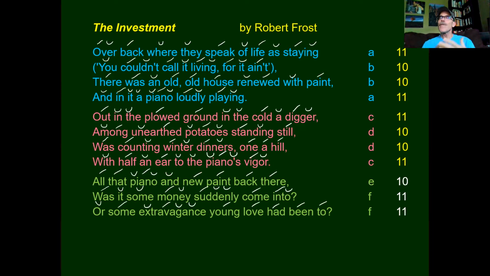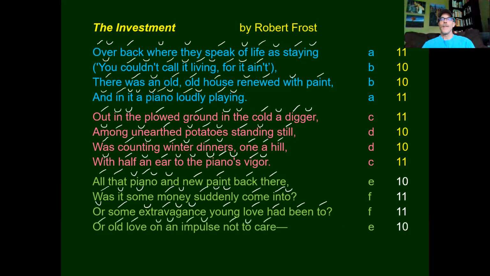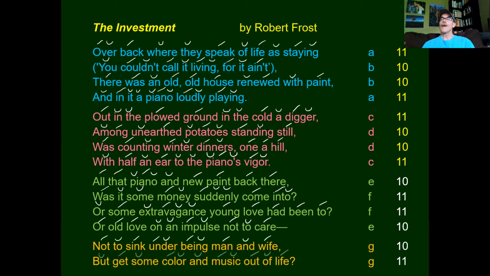So I'm telling you, Frost is making these decisions on purpose in service of the overarching point of the poem, all right? And then now, or old love, on an impulse not to care, not to sink under being man and wife, but get some color and music out of life. So look at that.